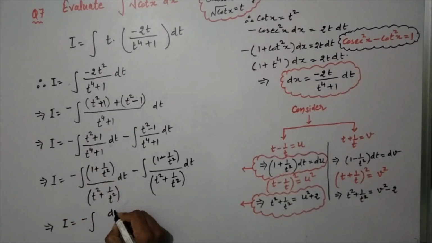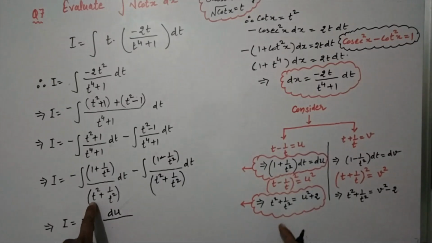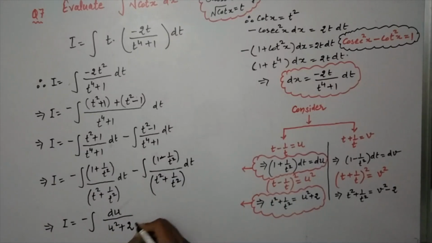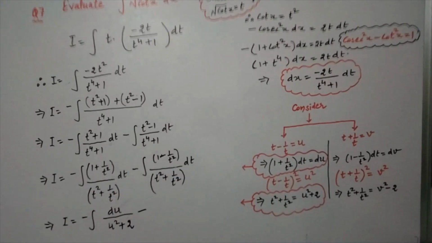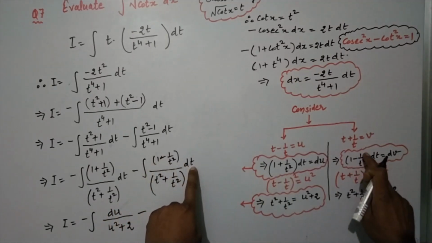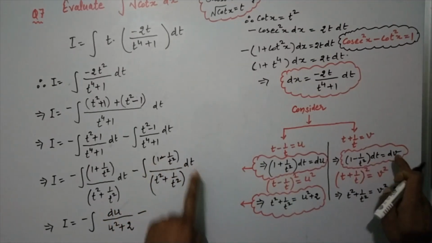1 plus 1 upon t square into dt, which is equal to du, divided by t square plus 1 upon t square, which is equal to u square plus 2.